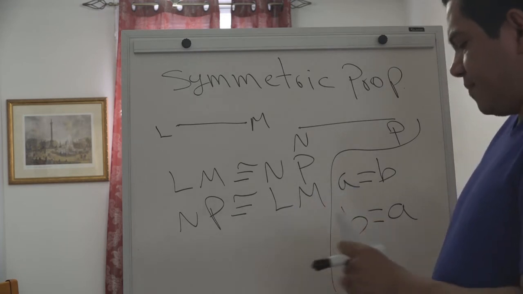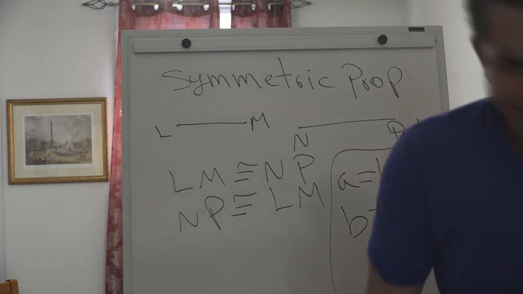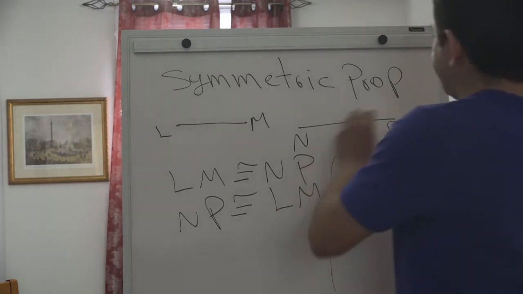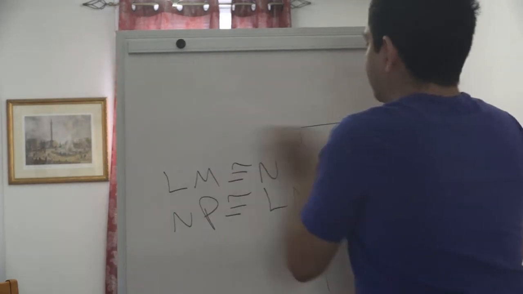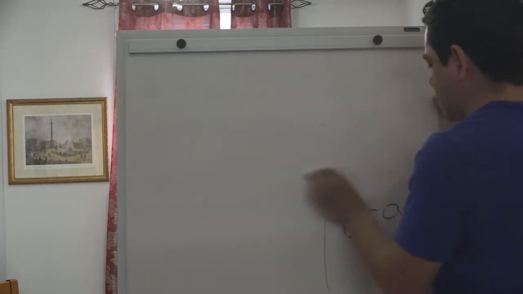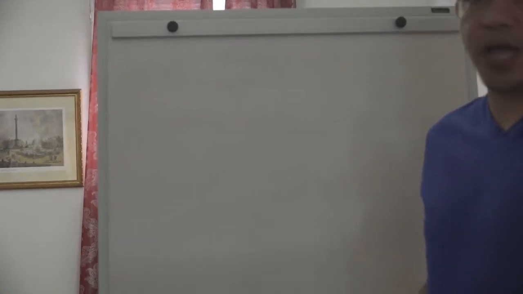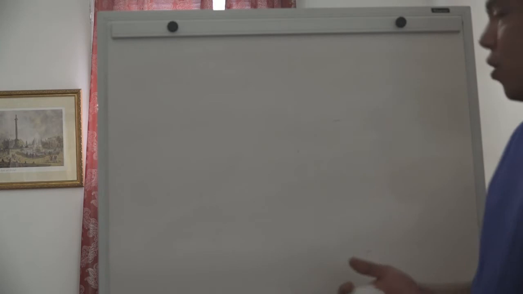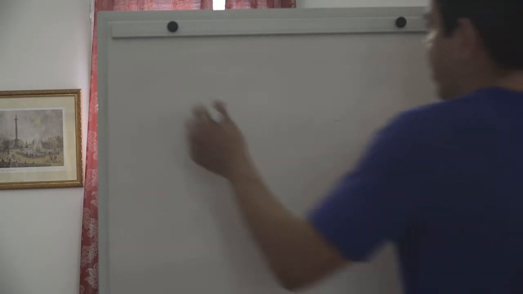The next property is the transitive property. Let me zoom in on this one. Basically, let's write it down.